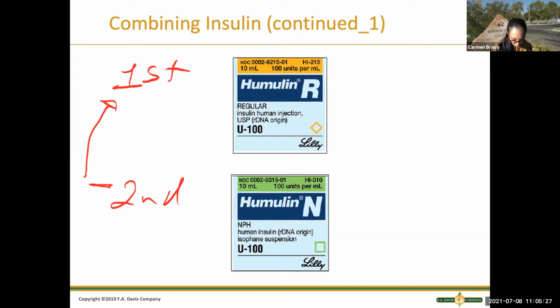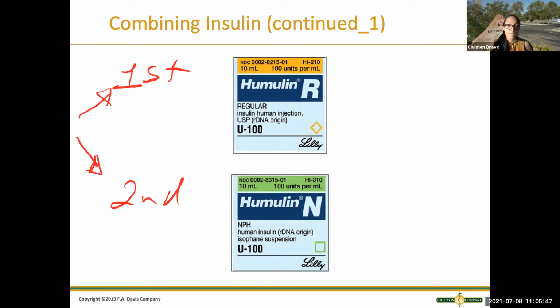So we have to be really, really careful when we mix them up. I always draw first out of the clear. And since it's clear, I can tell, okay, it's all clear. And then I'll go and get the remaining from the NPH.